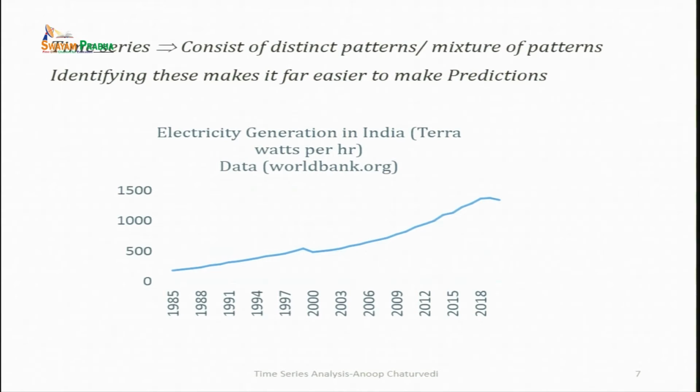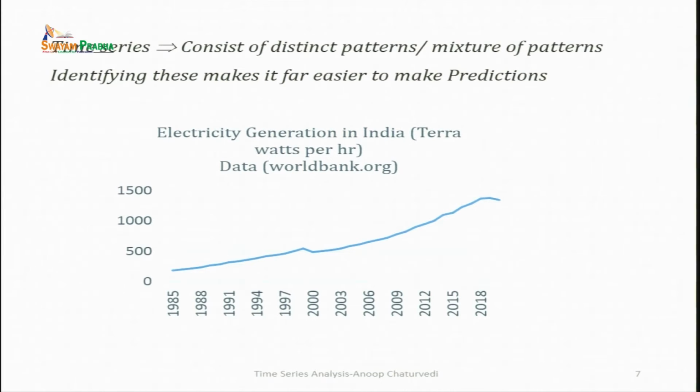Now, from the pattern of the graph, you observe that the electricity generation has a tendency to increase. In the graph, it does not show any kind of seasonality. Of course, we have taken annual data, so we cannot capture within year movements or within year periodicity.